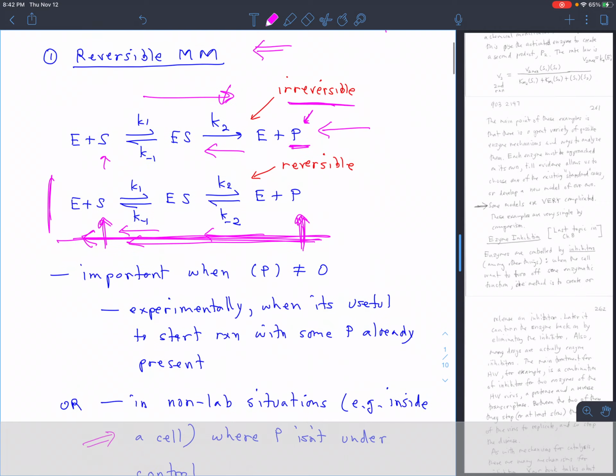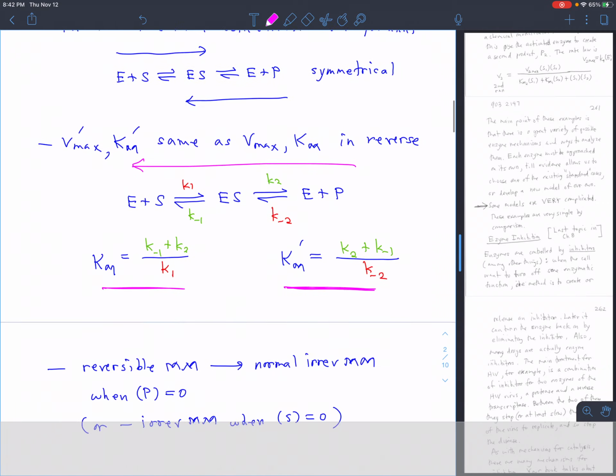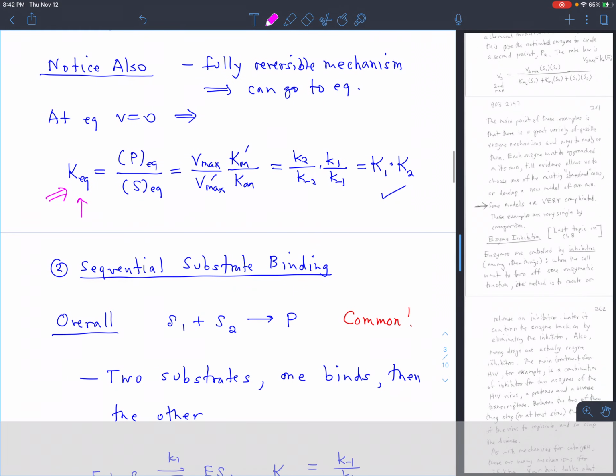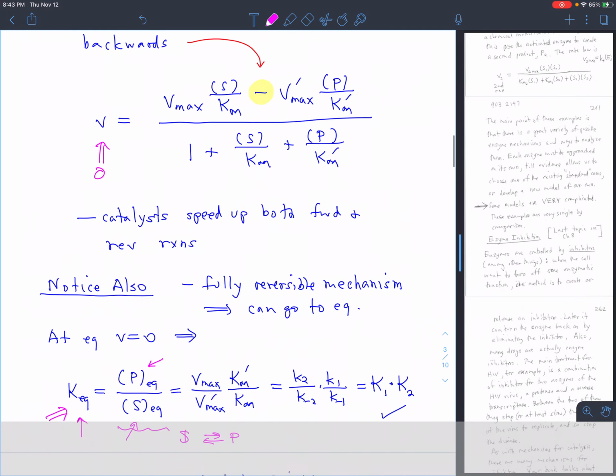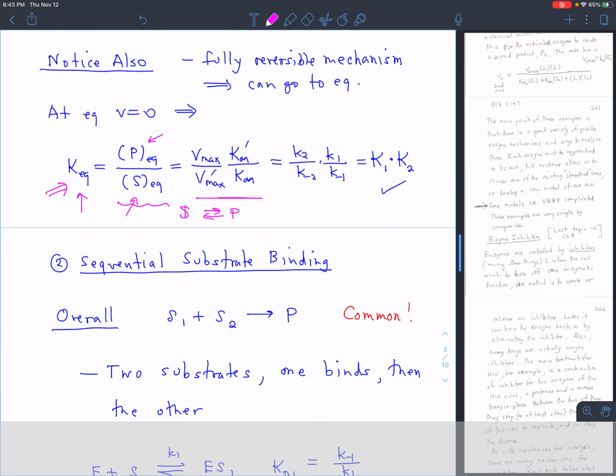The overall reaction is, well, I didn't write it down here, I wrote it down in the last set of notes, but the overall reaction is S goes to P in both directions. In that case, the equilibrium constant should be the equilibrium value of P over the equilibrium value of S. And if you just set this to zero and solve, then from Michaelis-Menten you get this combination of forward and backward parameters.